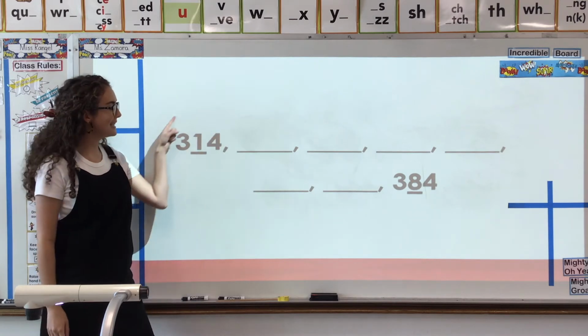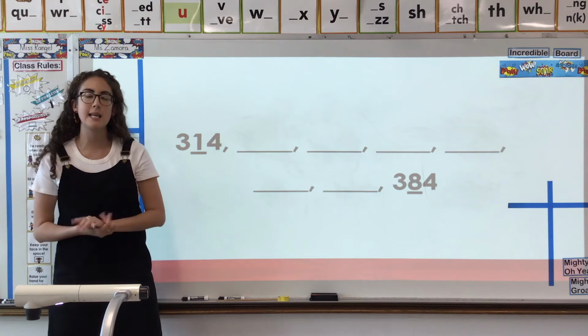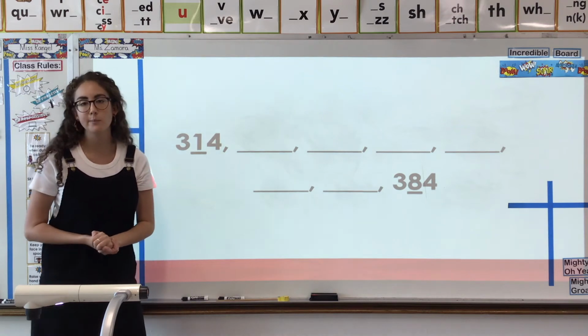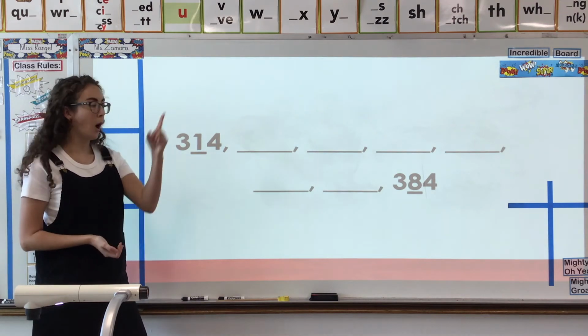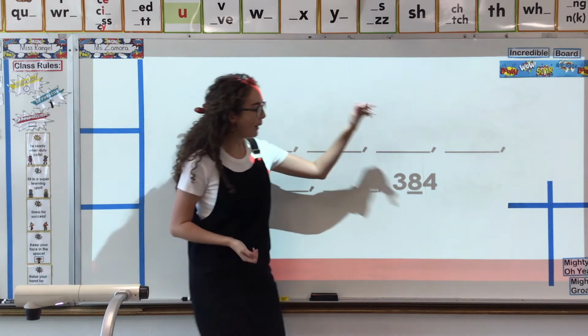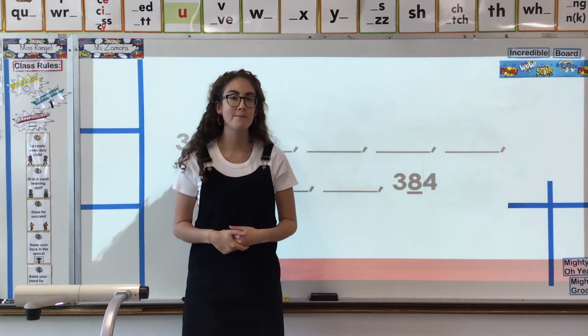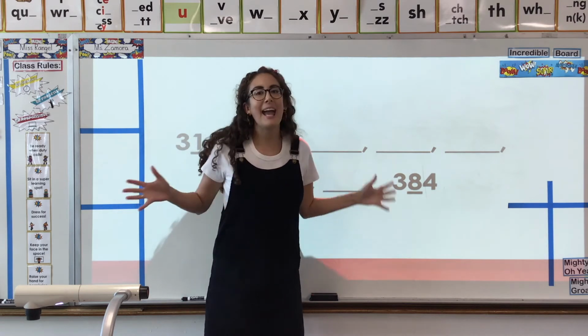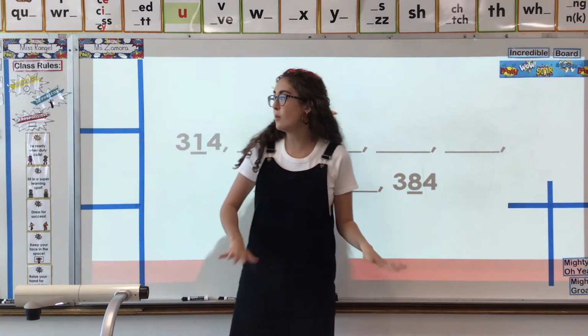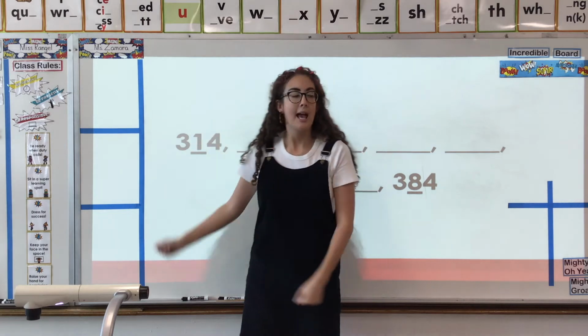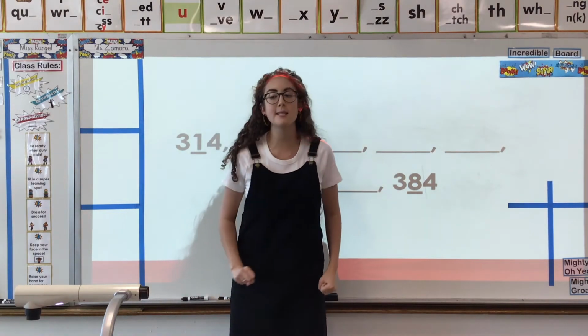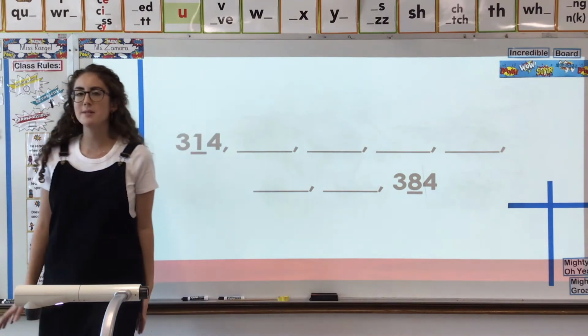How many tens are in 314? How many tens? 1 10. How many tens are in 384? 8 tens. So if we want to start at 1 10 and get to 8 tens, how are we going to skip count?